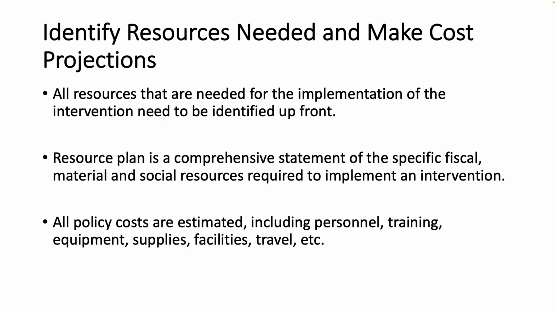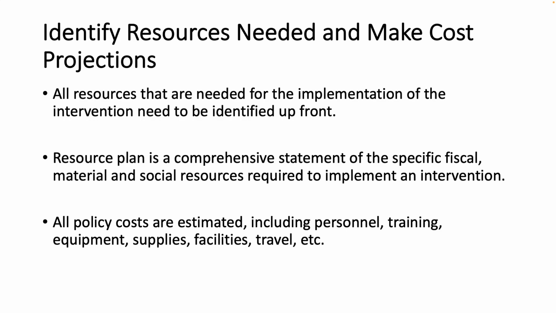So then we have to identify the resources that are needed for your program or your policy, and then you have to make cost projections as well. So all resources that are needed for the implementation of the intervention need to be identified up front. So resources here can include financial resources, personnel resources as well.